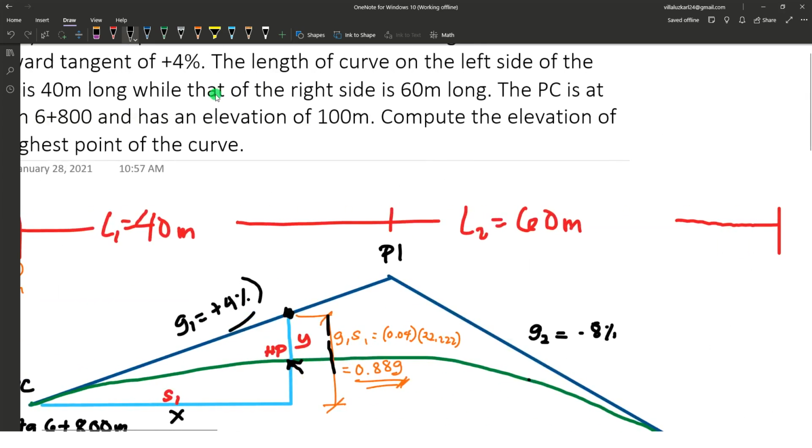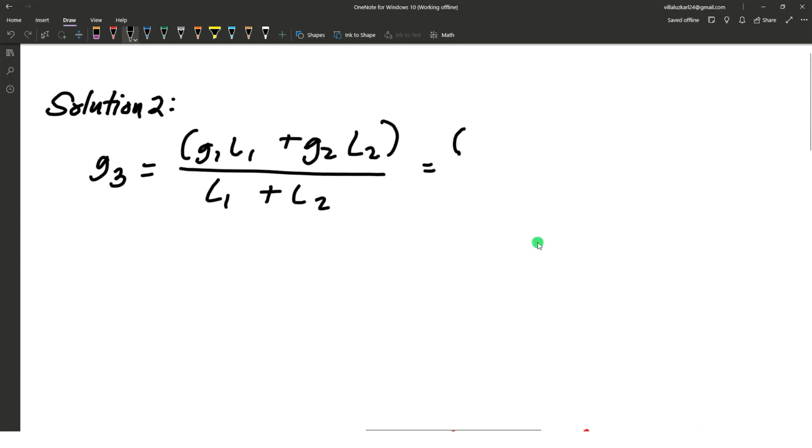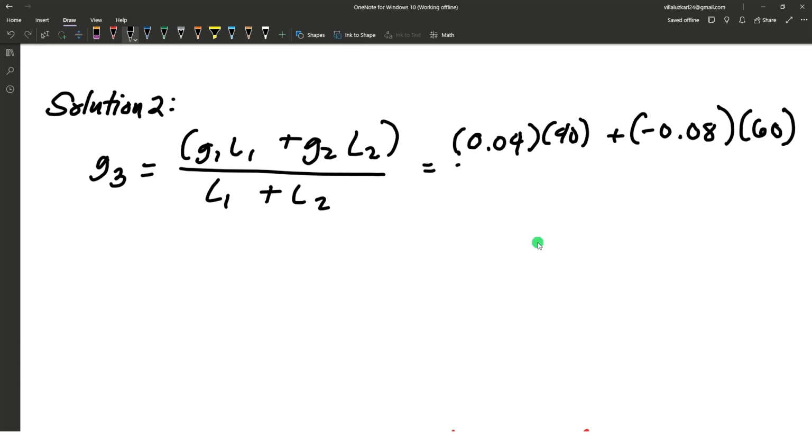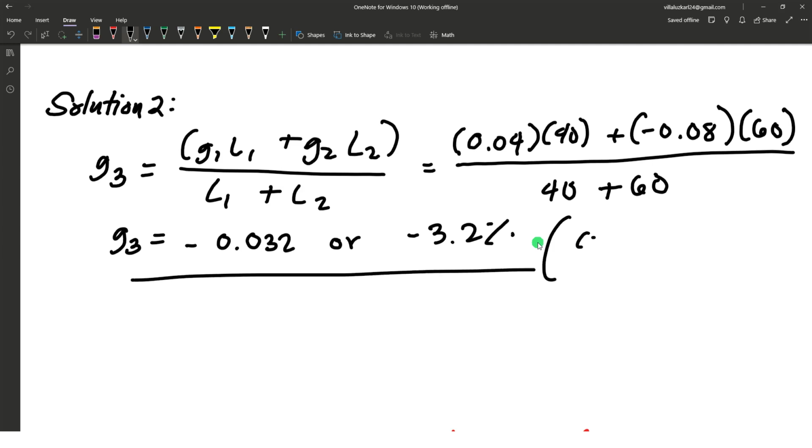Back, G1 is positive 4%, G2 is negative 8%, L1 40, L2 60. Okay, so 0.04 plus 4%, 40 plus negative 0.08, and 60 over 40 plus 60. G3 is equals to, when we compute this, we will have an answer of negative 0.032, or in percent, negative 3.2%. So that's the grade of the common tangent.